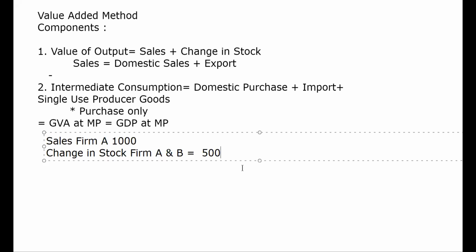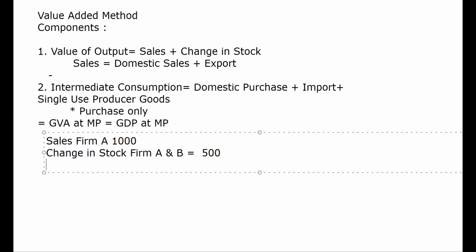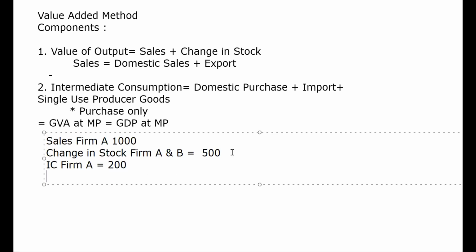Clear? And intermediate consumption, in short I'm writing this IC, intermediate consumption firm A is equal to 200, and IC firm B would be equal to 400.